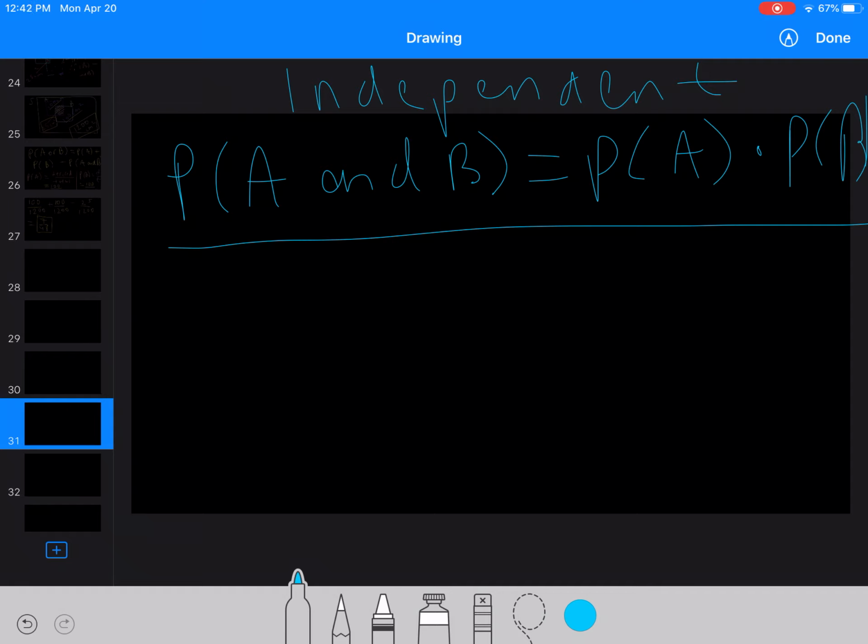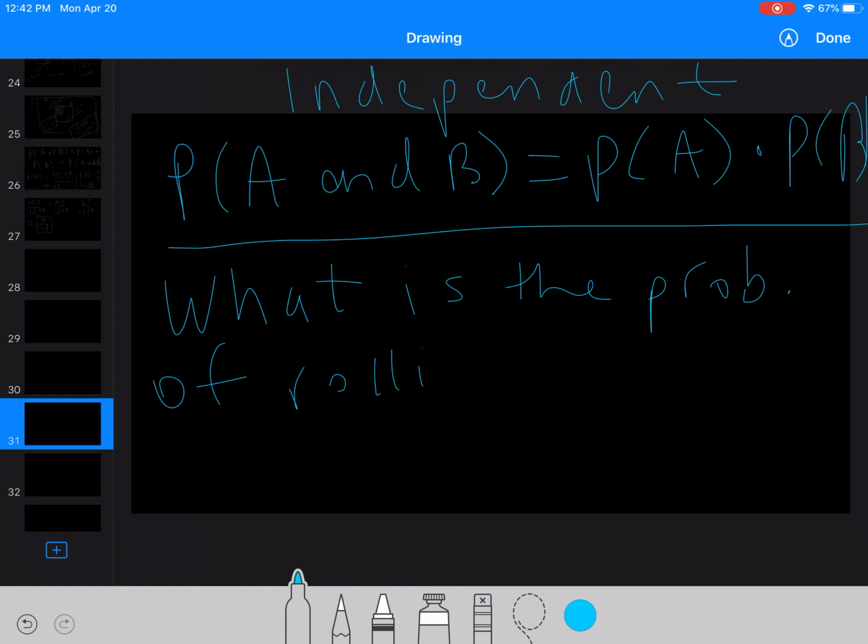So here's a question. Let's say the question is, what is the probability of rolling a 2 on a six-sided die and flipping a heads?